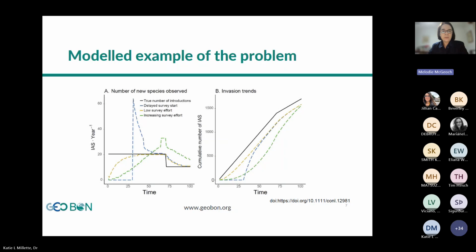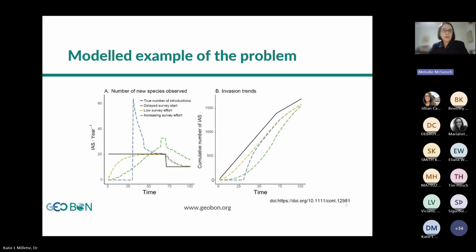So in this case, we have 20 coming in every year until about year number 75, where the number coming in dropped to, say, just above 10.